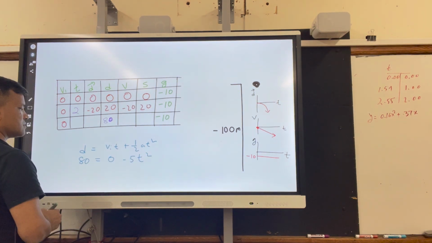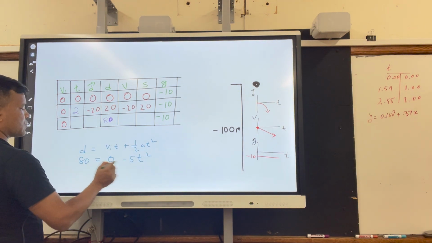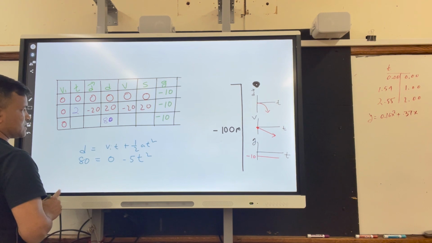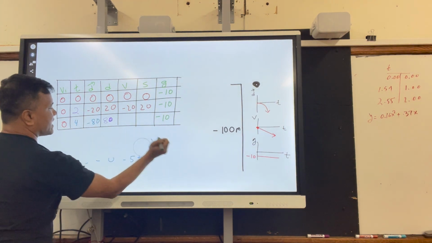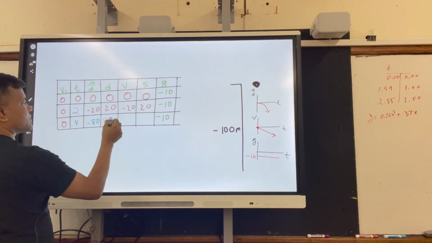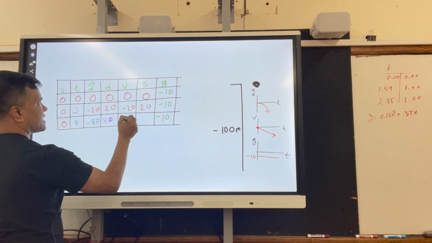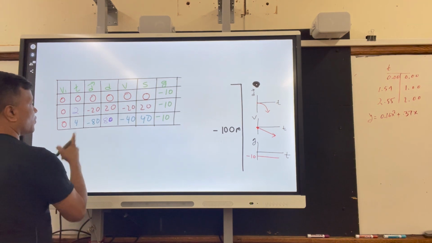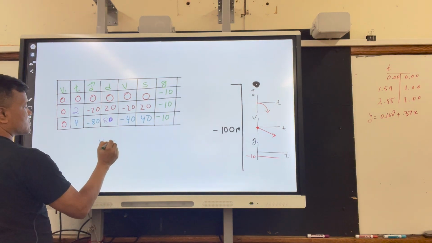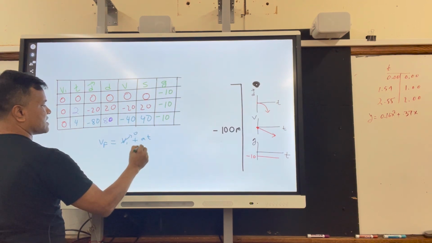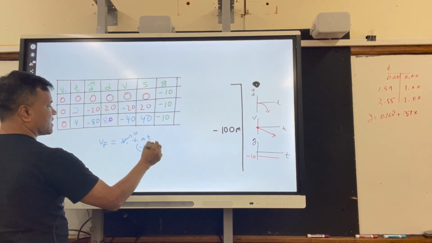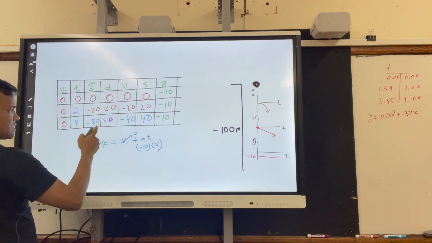So 5 goes into 80, 16 times, so t is 4 seconds, so displacement is negative 80. At the end of 4 seconds, velocity is negative 40 and speed is 40. Why negative 40? Because vf is equal to vi plus at, this is 0, this is negative 10 times 4.